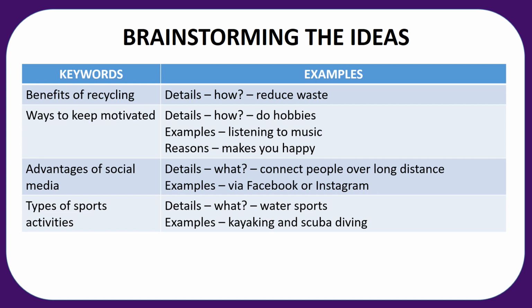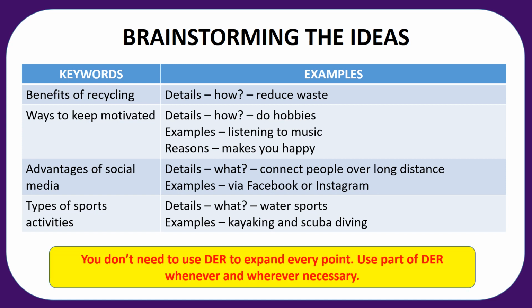What is it? What are the types? And then we can give examples. Remember, you don't need to use DER to expand every point. Okay, it's not necessary to use all DER together. You can basically mix them, choose and use whenever and wherever necessary.